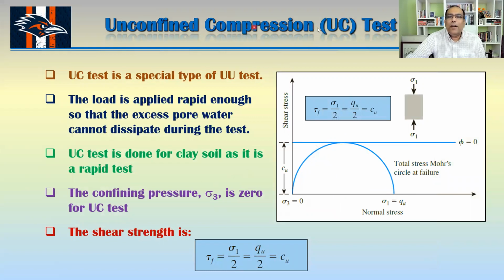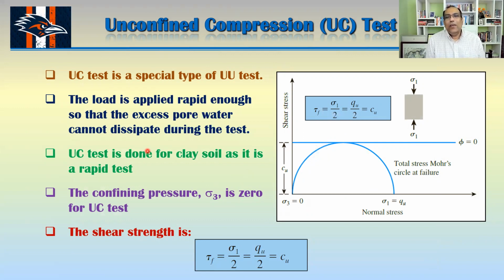Now the unconfined compression test. This is kind of a UU test, where you don't allow the water to drain out during the consolidation and also during the shear application. But how do you do that? You run the test so fast, usually on clay soil.